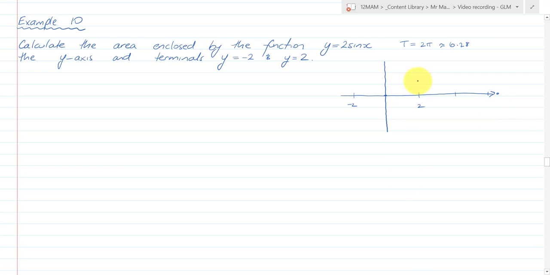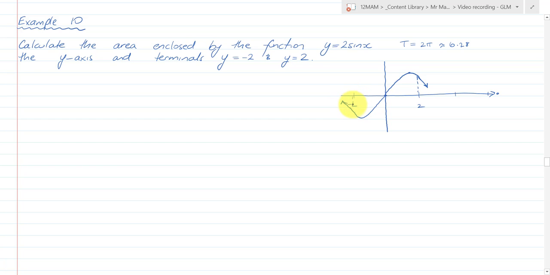And in fact, we can have a look at some of the other elements of it. For example, it does a quarter of a period in half pi, which is our 90 degrees, and half pi is 1.57. So it's going to go up to 2, and then just start coming back down like that. I might just stop it there and draw a little dotted line, and it's going to come down to -2 and just start going down.